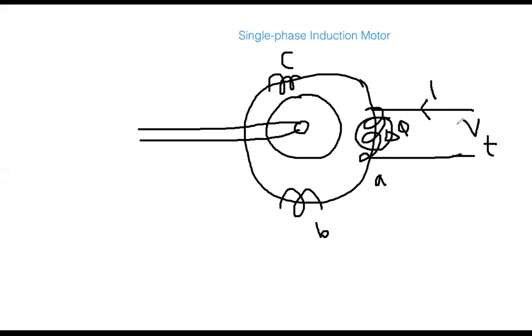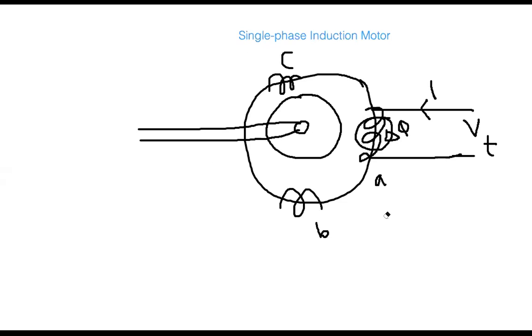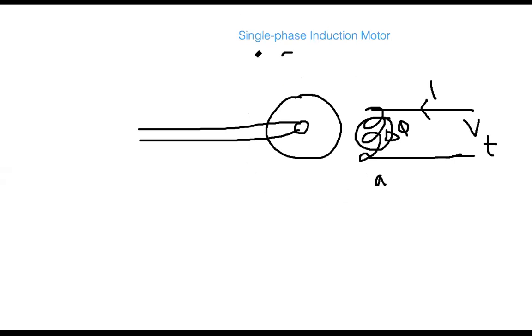Once you applied the three-phase voltage to the three sets of coils, there was a rotating magnetic field, rotating at synchronous speed. But in this case, because this is only single phase, we don't have the other coils. We just have only one set of coil.